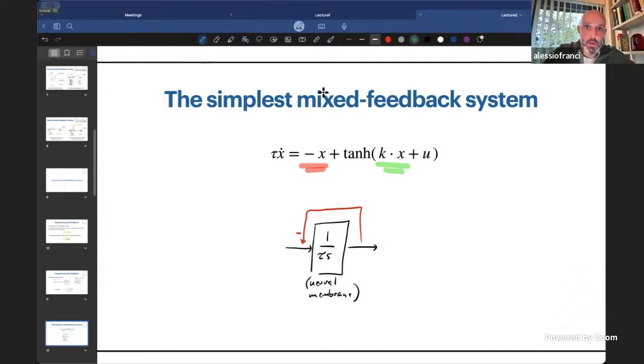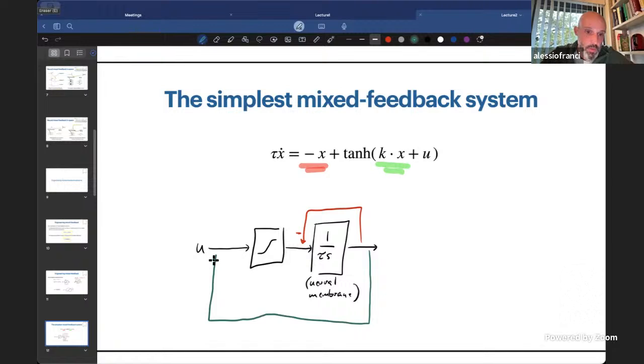So if you put your sigmoid here, you have the inputs that enter this nonlinearity, but you also have the state that's taken from the output of the integrator and fed back here with a plus. And so you see that this differential equation is already a mixed feedback system.